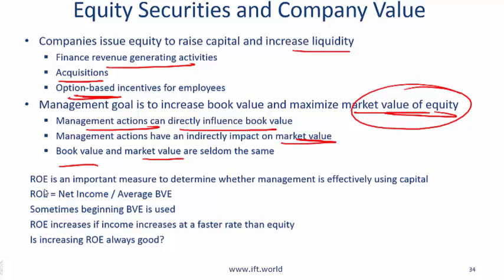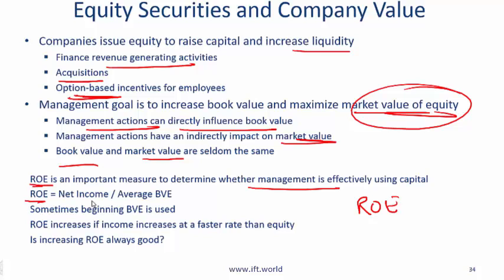The last segment of this reading talks about return on equity, which is an important measure to determine whether management is effectively using capital. In a company where management is doing a good job, the ROE, which is net income over equity, will be relatively high.